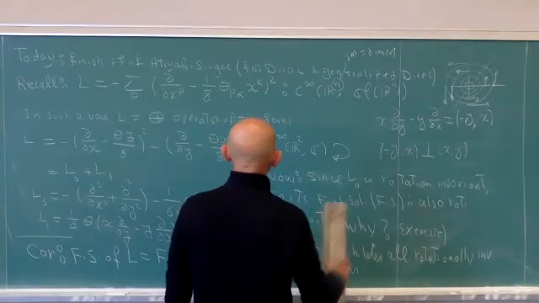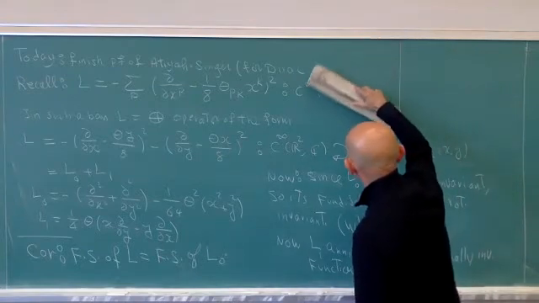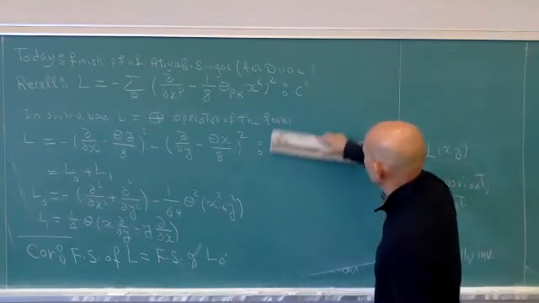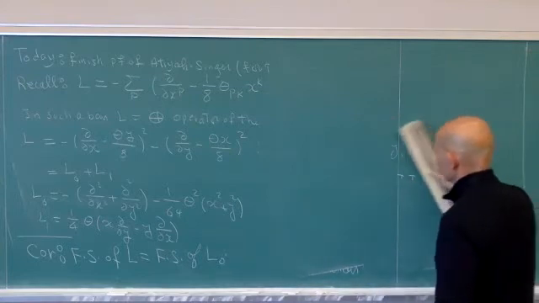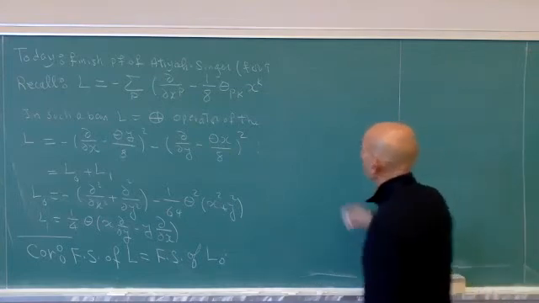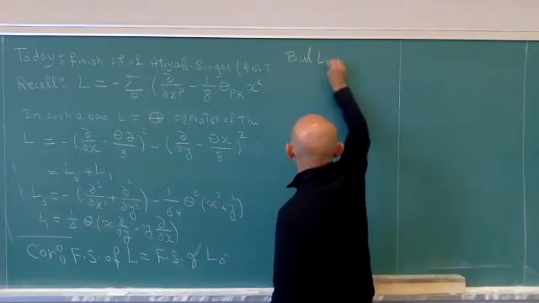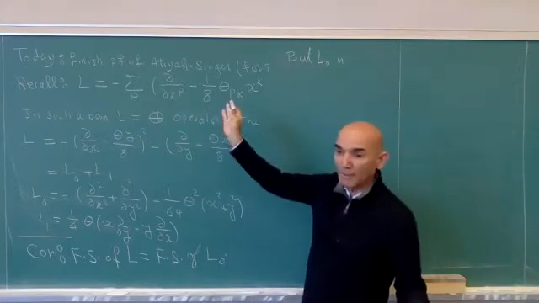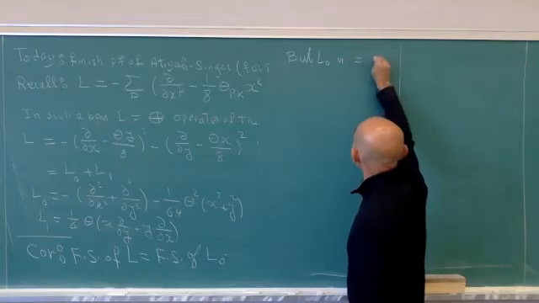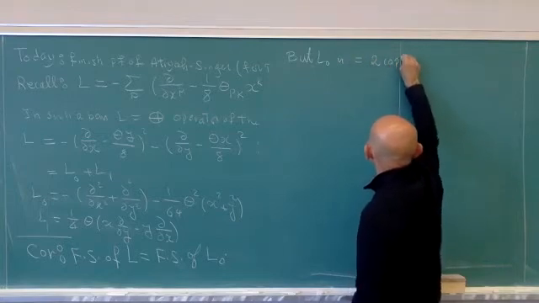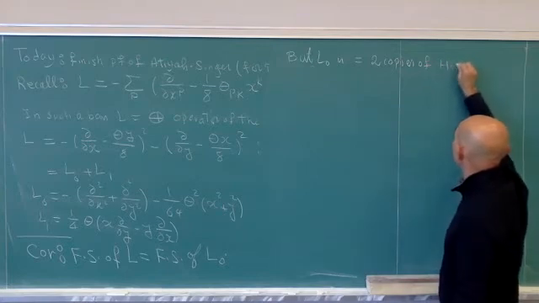So let me write it down. But L0 is basically two copies of harmonic oscillators. L0 is equal to two copies of harmonic oscillators.